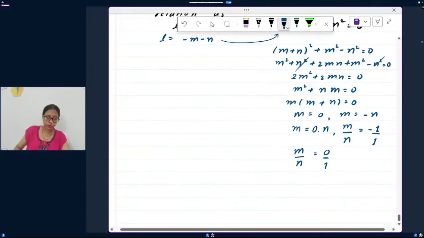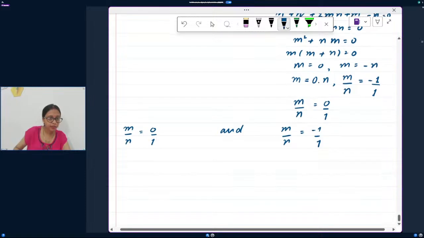So m by n is 0 by 1, and m by n is minus 1 by 1. After that, we find m and n in the numerator.